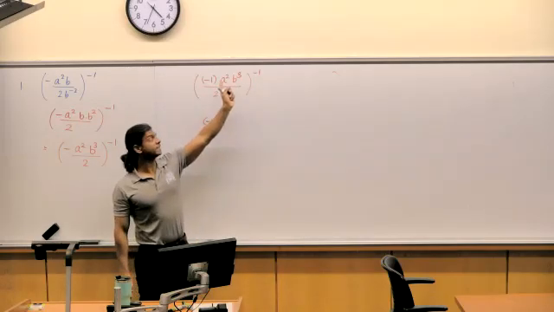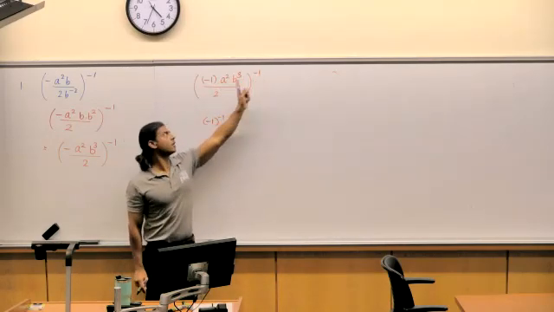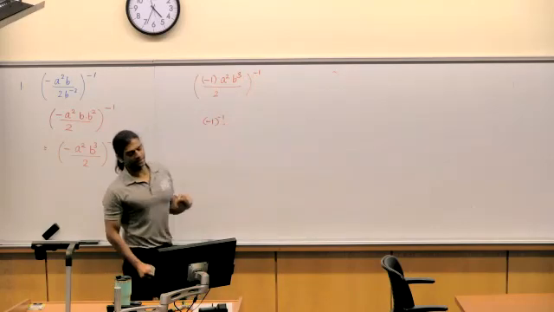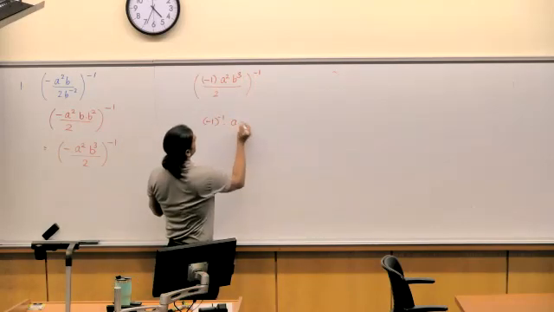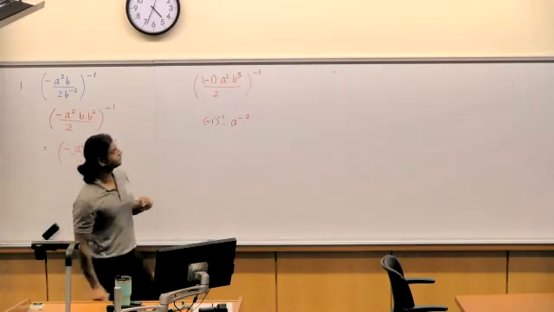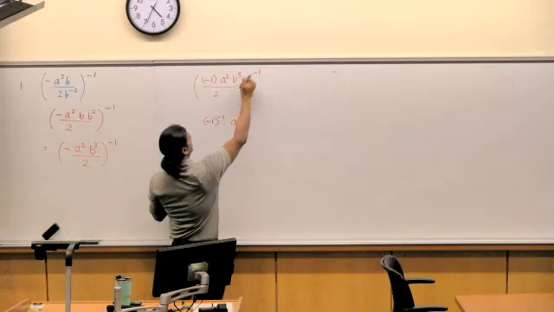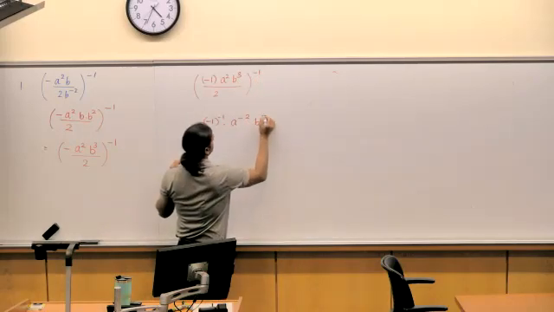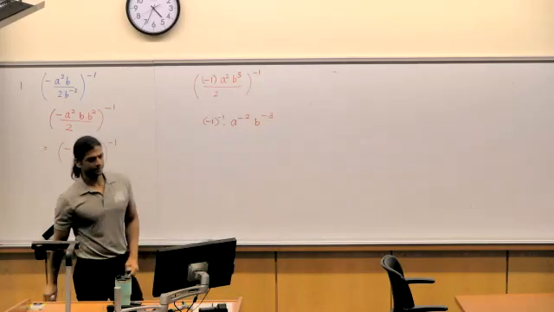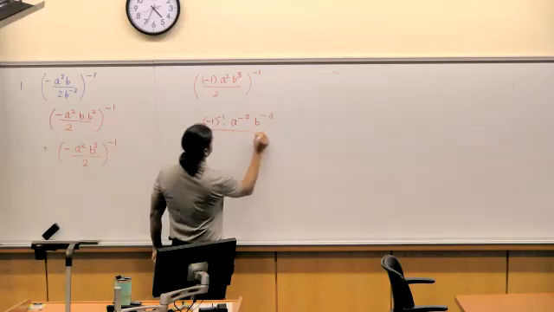If we have a squared raised to a power, you simply multiply the powers. So a raised 2 times negative 1 is negative 2. B raised 3 times negative 1, negative 3, divided by 2.